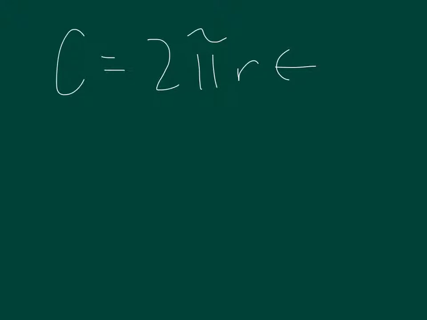R again being the radius. So this is another way to write the formula for circumference. 2 pi r. Again, pi being 3.14. Either one of these is fine.